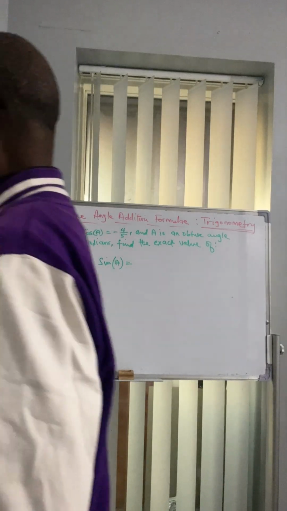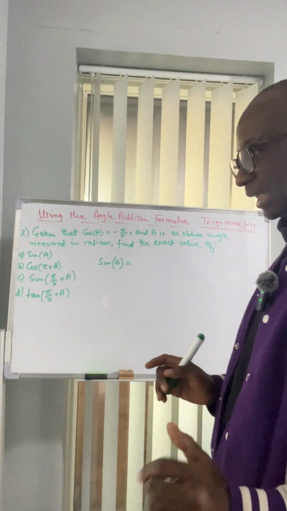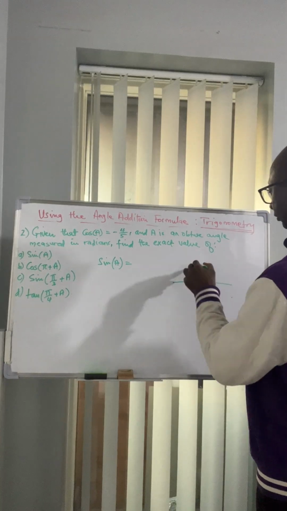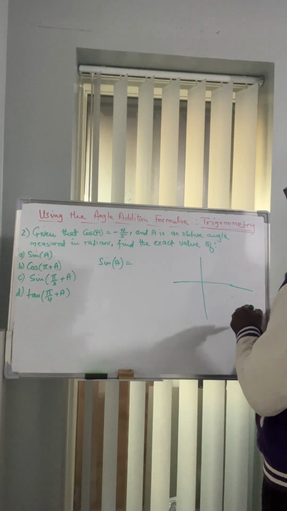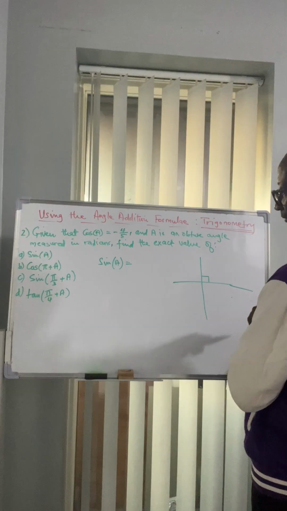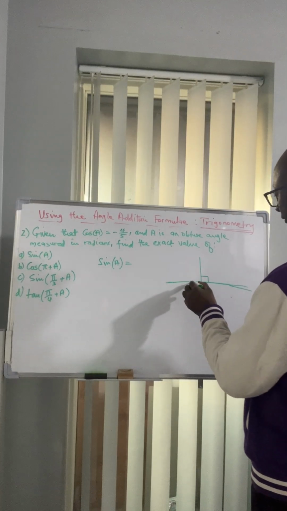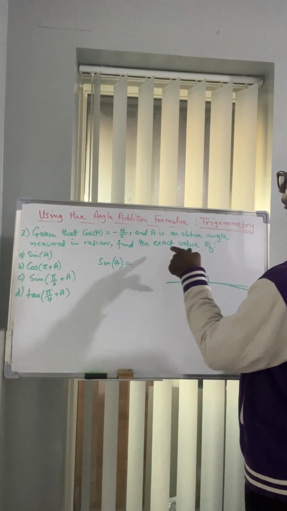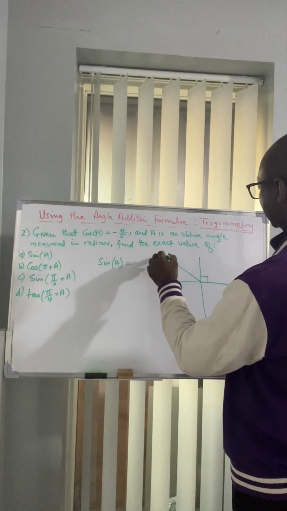An obtuse angle is an angle that is greater than 90 degrees but less than 180 degrees. So if you draw your quadrants, you want to indicate the obtuse angle here. We know it's greater than 90 degrees. This is 90 degrees. But less than 180 degrees. This straight line is 180 degrees. So if we are told that the angle is obtuse, it must be in the second quadrant.